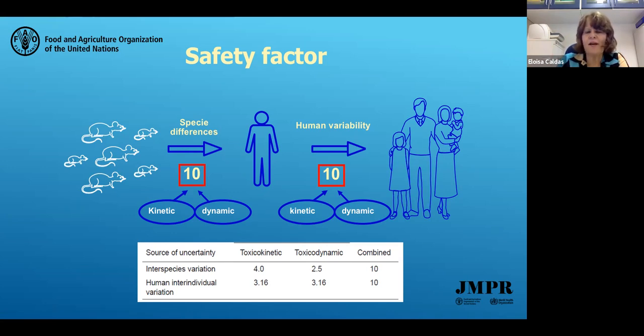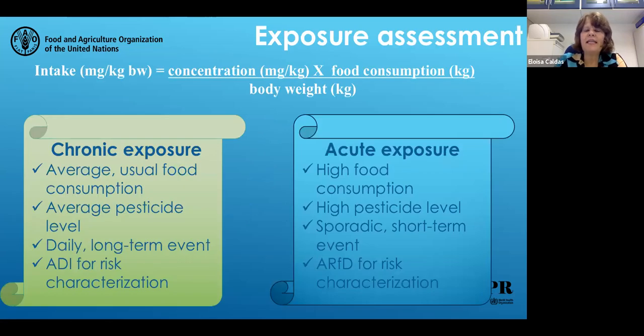In Brazil, this concept arrived 20 years later, but the principle started to be really systematized and underlined in 1984. So that's how we derive the ADI and acute reference dose. And that's how I'm going to talk about the WHO group work, because we're going to need those numbers.